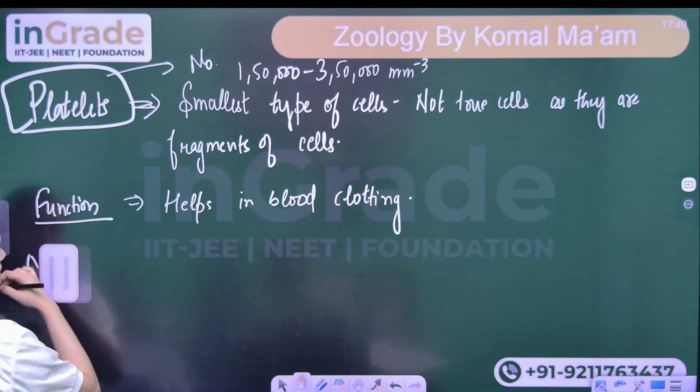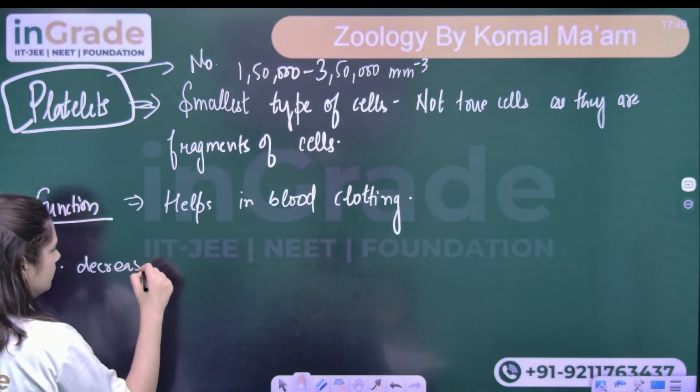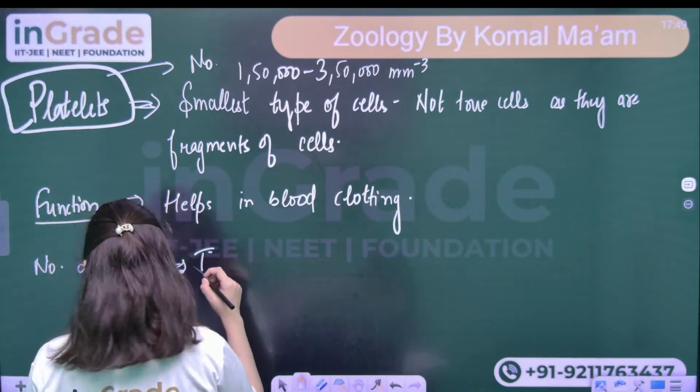If the number decreases, it is known as thrombocytopenia.